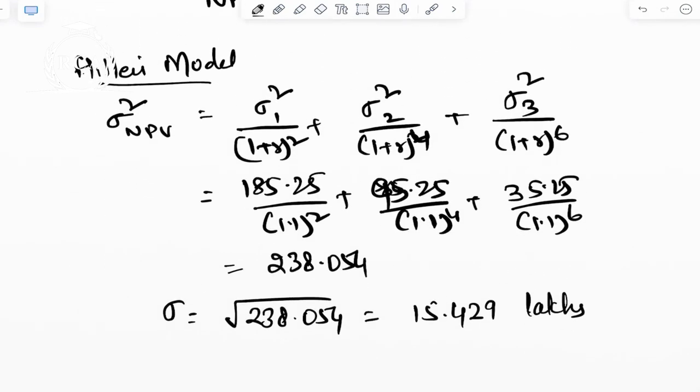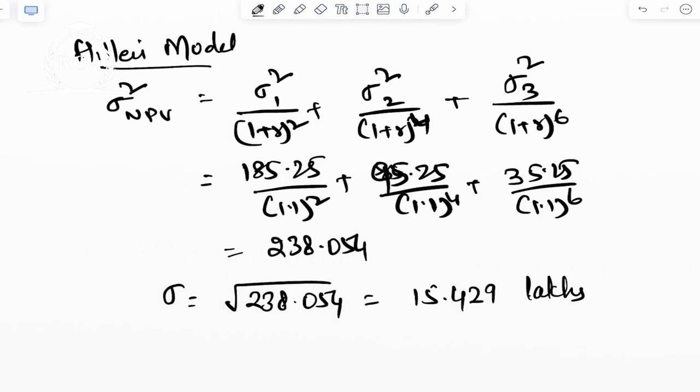Best part, beta, of project Y, guys, you have to do it only for 1 year. That will remain the same for all the 3 years. Done, Gurdeep? Standard deviation also came. How much did you get? 185.25, variance. Online students, if you're done with the second project, beta, let me know. Guys, do not forget, beta, what is the implied assumption here?